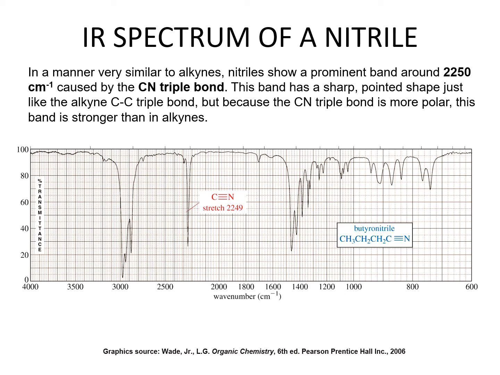You're going to get the same stretch around 2200, but this is going to be a lot more prominent, with a bigger transmittance or absorption, depending on how you look at it, because it is an actual polar covalent bond. So that's another way to look. If you see that in that range and it's a pretty deep peak but sharp, then you can know it's going to be a carbon-nitrogen nitrile versus an alkyne.